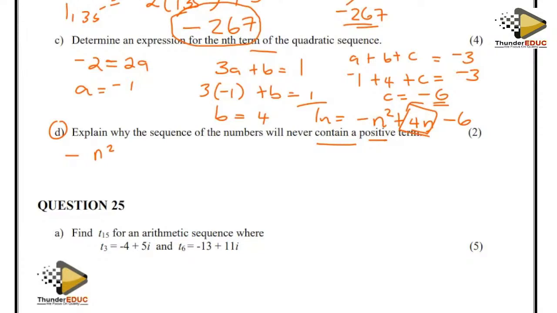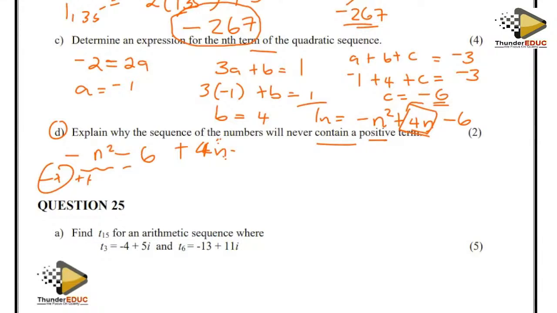If we now bring in the negative 6, we have a negative n squared and a negative 6 trying to sabotage the 4n. You can try it. If n is 1, that's negative 1 squared, which gives us negative 7, minus 6, and 4 times 1 is 4, so it's going to be negative.